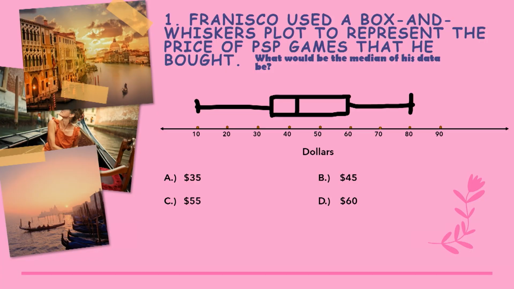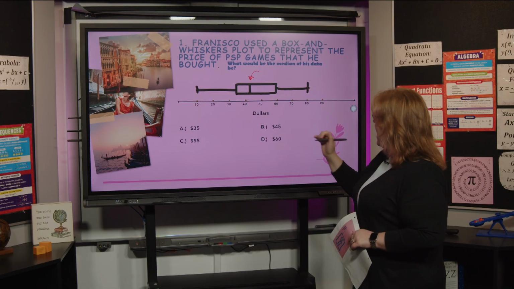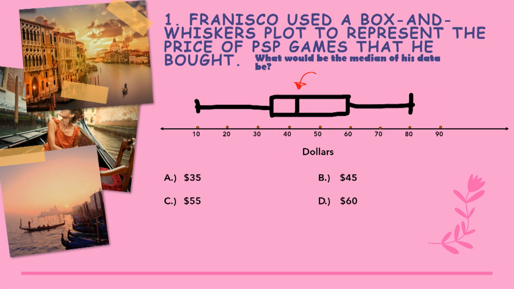Francisco used a box and whiskers plot to represent the price of PSP games that he bought. What would be the median of his data? All right, so my median would be this right here. So if A, B, C, and D are possible answers, what could we say is his median amount?